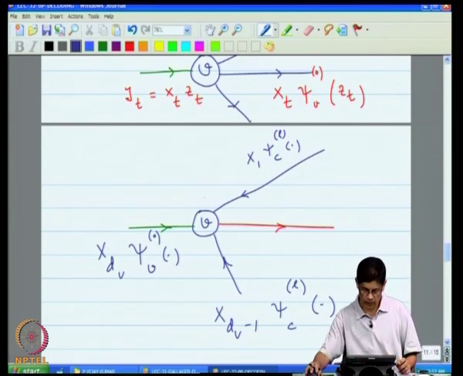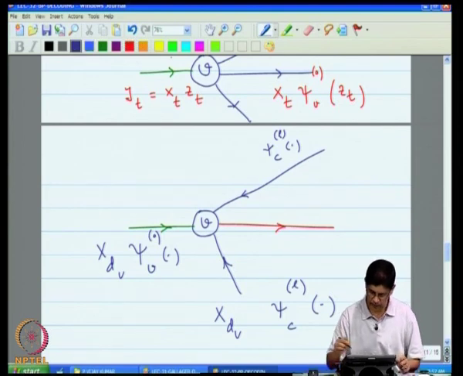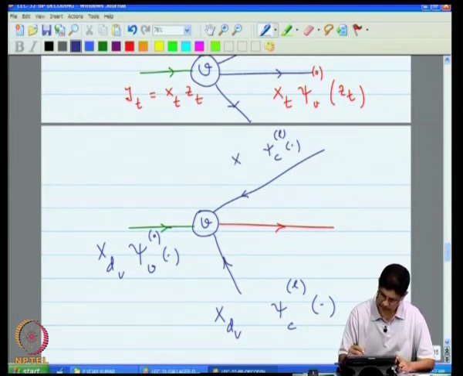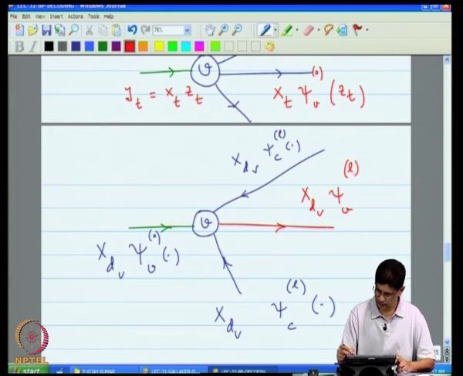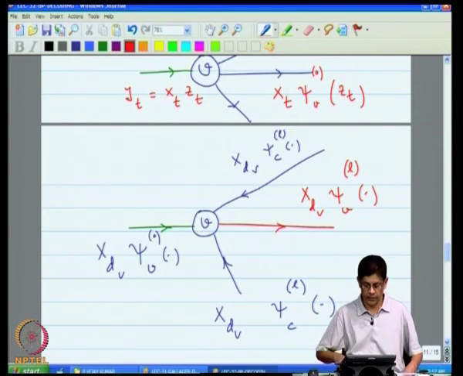Sorry, these are all x_dc here. The messages are all dependent upon where they are headed. So this was x_dc, this was x_dc_dv, this is x_dv, this is x_dv. So the outgoing message is also x_dv times whatever the message would have been had all the x's been equal to 1.